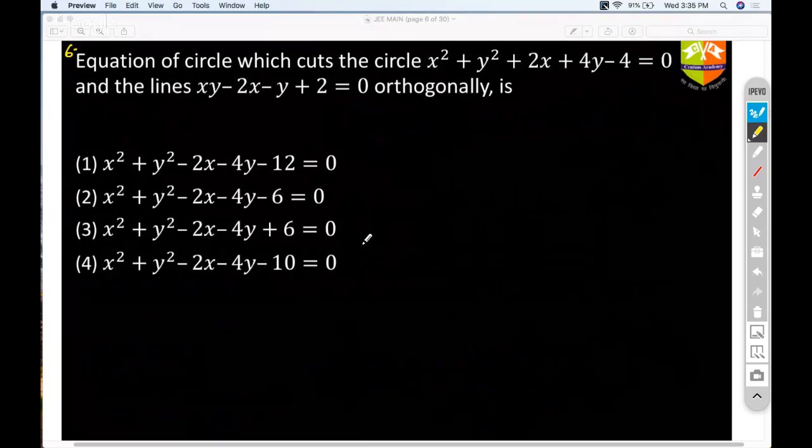So there is a circle which cuts the given circle as well as these pairs of lines orthogonally. Orthogonally means at 90 degrees. So which could be that possible circle?